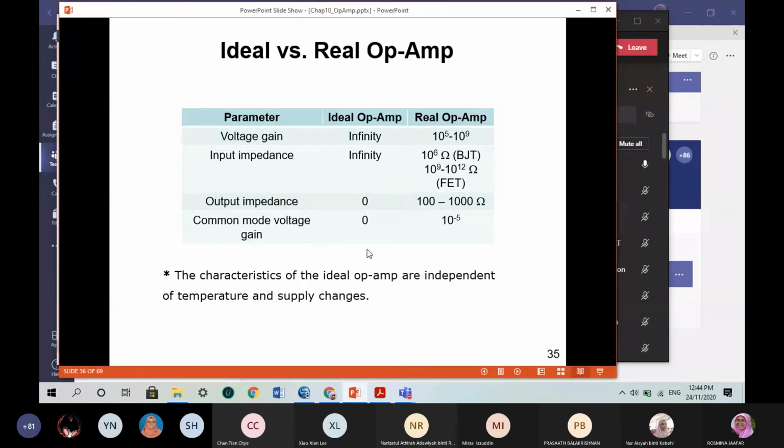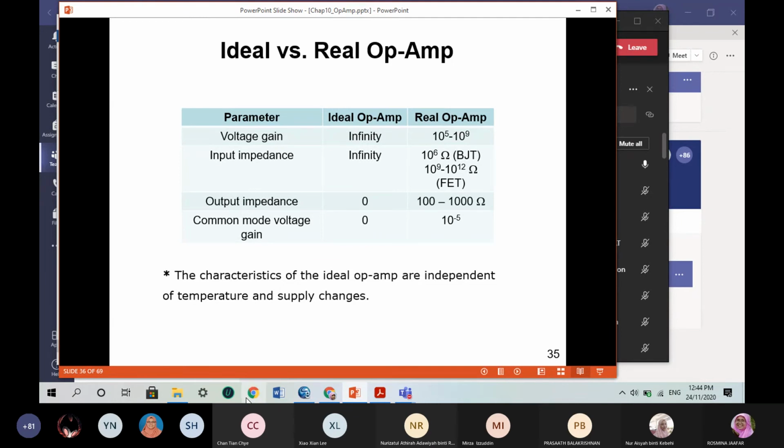The common mode gain: in the ideal situation, common mode gain is 0, but in practice the common mode gain will be a small number in the range of 10 to the power of -5, which is about a few tenths of a micro value, 0.00001, for example. So it's not 0, but it is a very small number, and there is some gain.